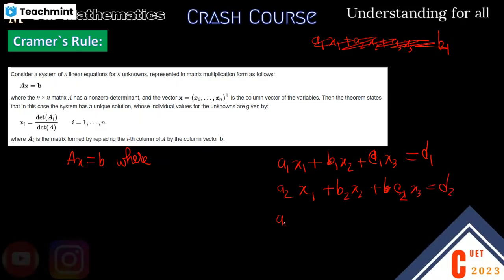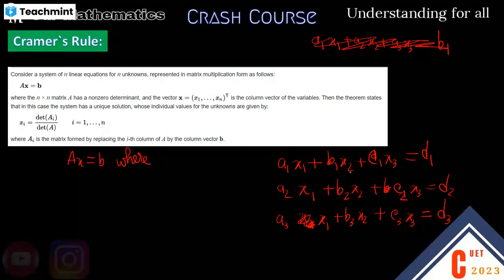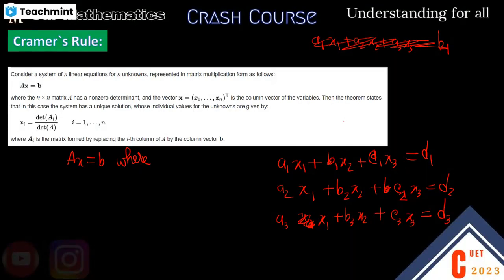Then a3 x1 plus b3 x2 plus c3 x3 is equal to d3, where x1, x2, x3 are variables, a1 b1 c1, a2 b2 c2, a3 b3 c3 are coefficients of x1 x2 x3 respectively, and d1 d2 d3 are constants.